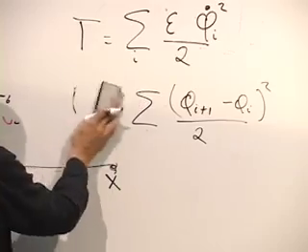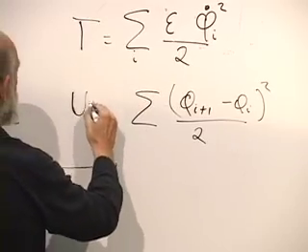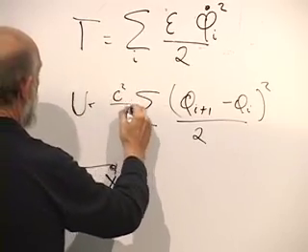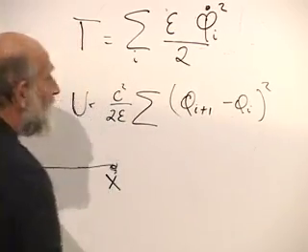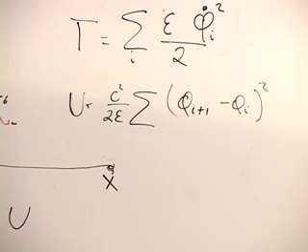Let's make some room here. U is equal to c squared over 2 epsilon times the difference of phi at neighboring points squared, summed over all the neighboring pairs.